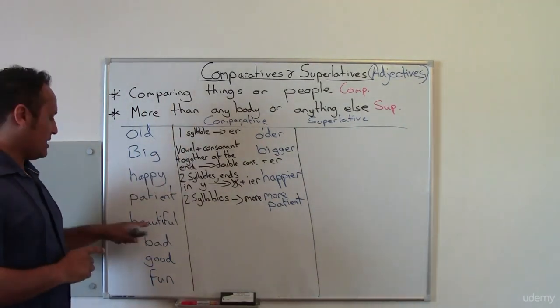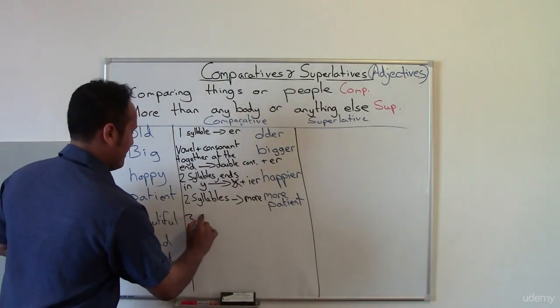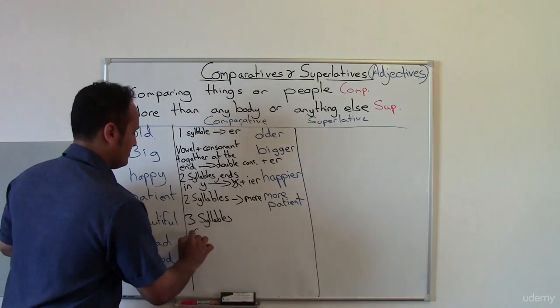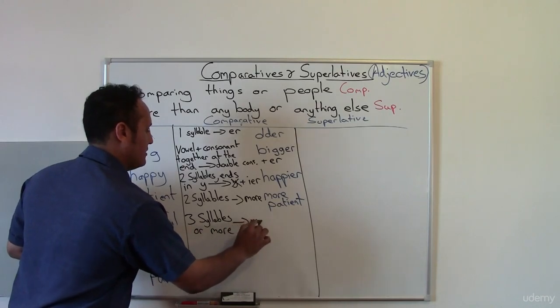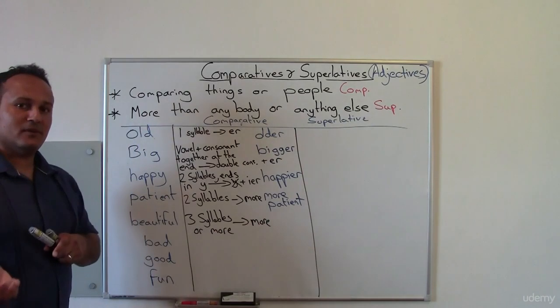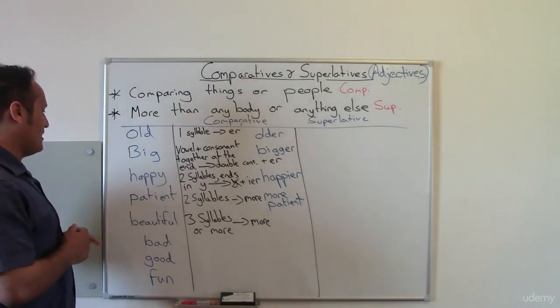Beautiful. Three syllables. If it's three syllables or more, you just add more. So beautiful, more beautiful. Intelligent, more intelligent. Okay?